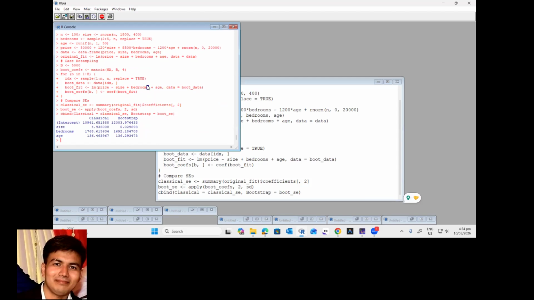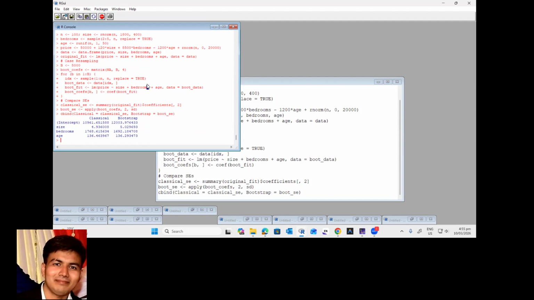In the classical, the intercept standard error was 10,961, but in the bootstrap it was 12,000. In the classical, the standard error of the size coefficient is 4.93, but for the bootstrap it is 5.02.